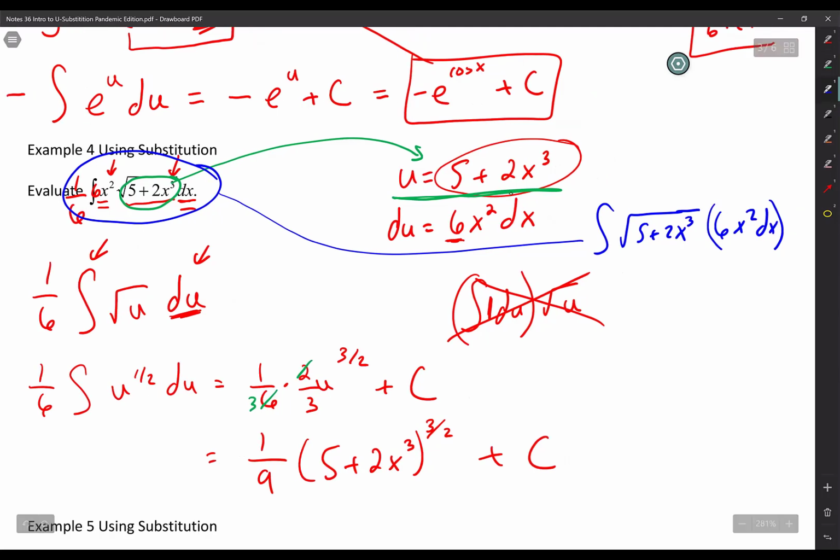Notice the 6x squared dx, that's just du. And the 5 plus 2x cubed, that is u. So integral square root of u, and that's all du. Does that make sense?